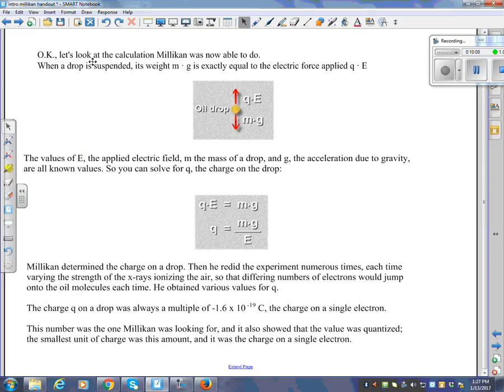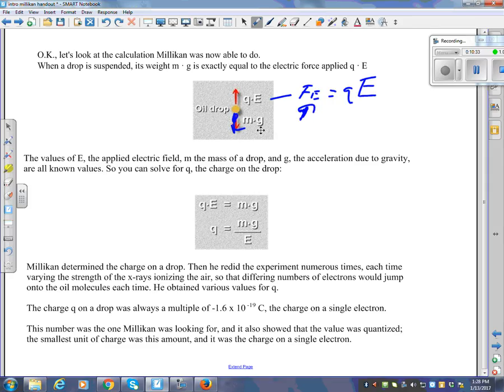Okay, so now let's look at the calculation that Millikan was able to do. When a drop is suspended, its weight mg is exactly equal to the electric force applied, QE. So mg is down. This FE, which I haven't told you yet, is Q times E. And because we know the FE, how do I know the FE?